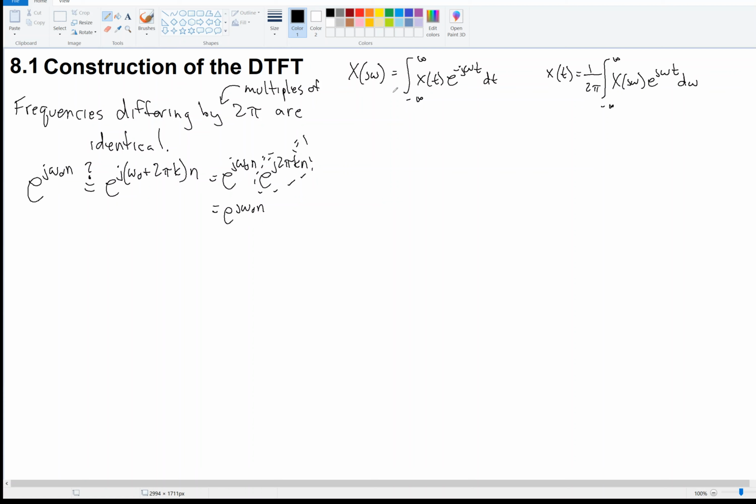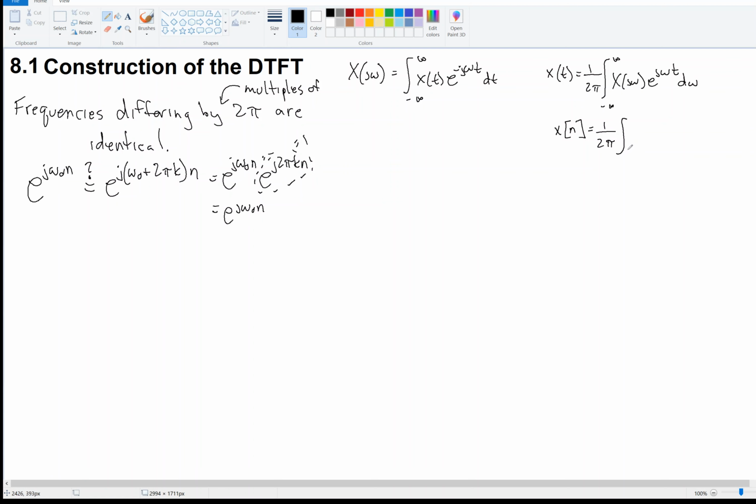So how does that change the Fourier analysis of a discrete time signal? Because remember, the Fourier analysis is telling us the frequency content of the signal. Well, for one, the synthesis equation is going to become this: 1 over 2 pi times an integral, and it's still an integral because the discrete time Fourier transform is still a continuous function in omega.